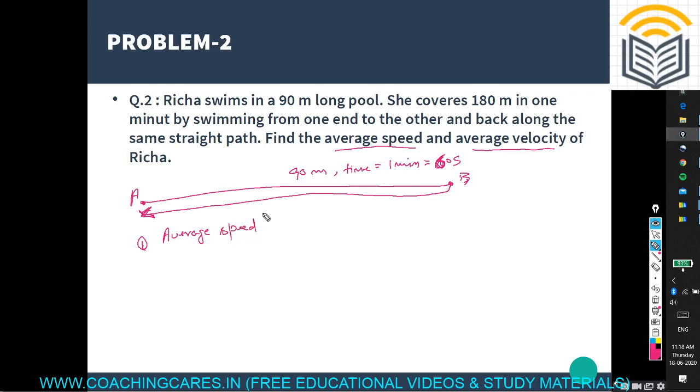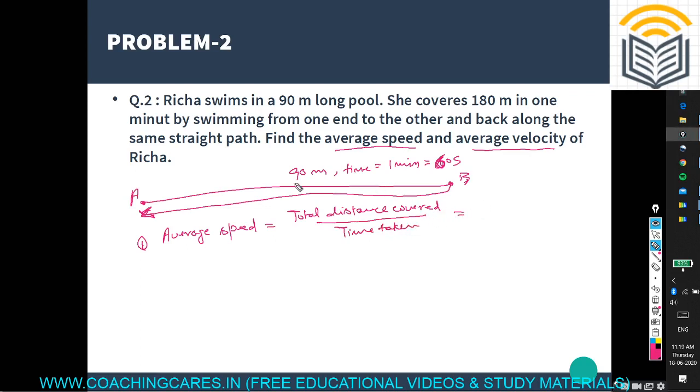Average speed is equal to total distance covered divided by time taken.